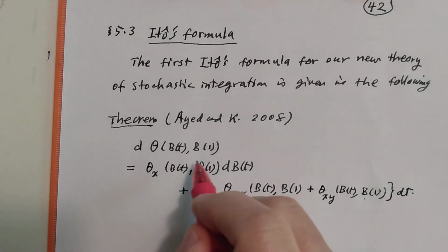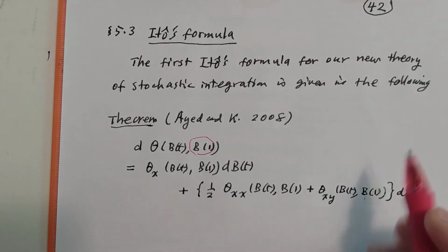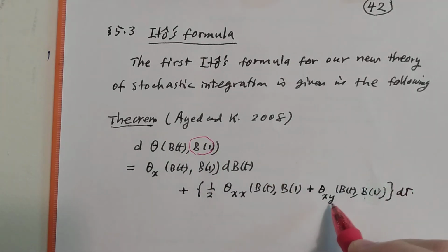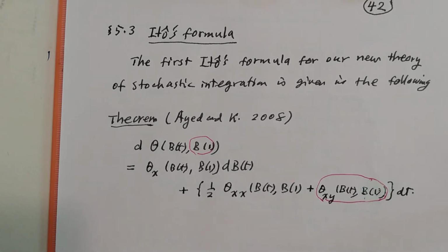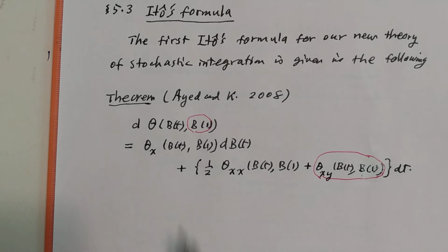So you see the appearance of B_1 requires these correction terms. And we will see later in this section that this can be derived from our theorem for the more general cases.